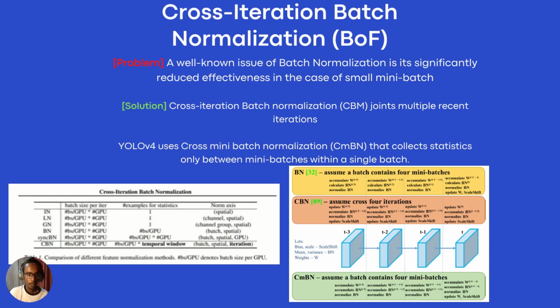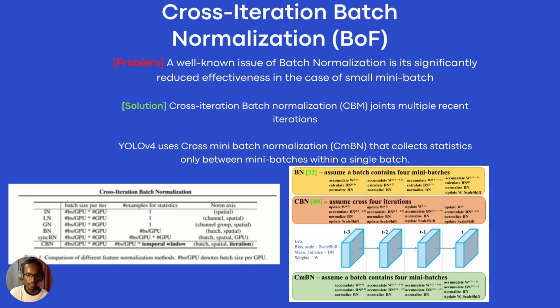And cross-iteration batch normalization, or CBM, joins multiple recent iterations. So what they did was, in normal batch normalization, we compute the mean and standard deviation. But in cross batch normalization, they also considered the mean and average precision from across different iterations. So you can perform normalization on different parts of the network.